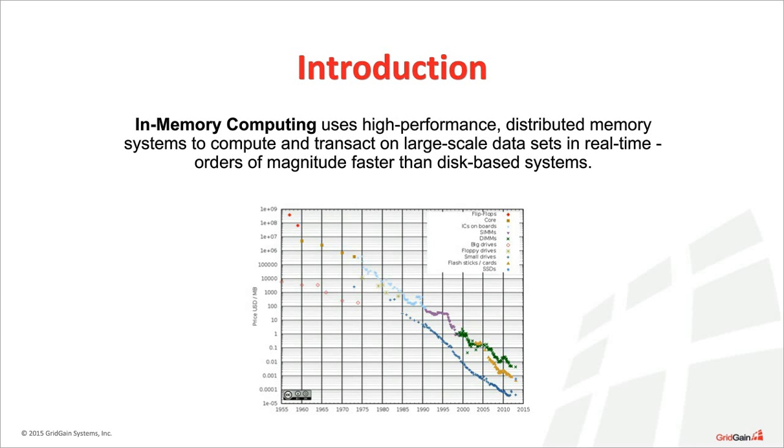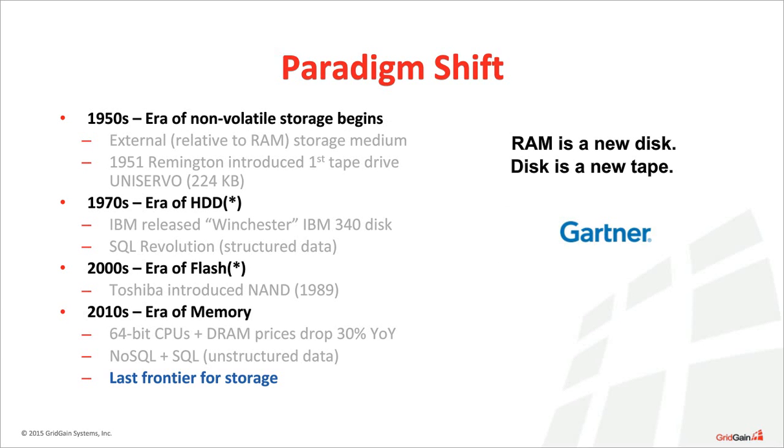Dovetailing this conversation, I won't spend too much time, but it's always fun to look at the historical perspective of why in-memory computing is important. It doesn't directly translate to selection criteria, but it gives perspective. In the 50s, the era of non-volatile external storage began, and Remington, out of all companies, developed the first system, the Univac, on magnetic tape.